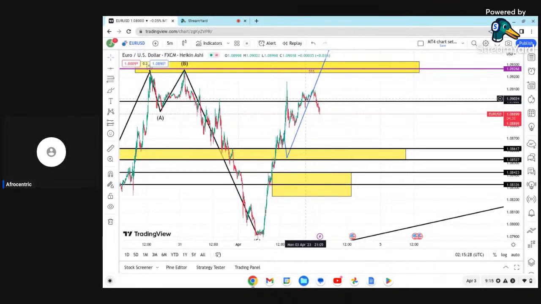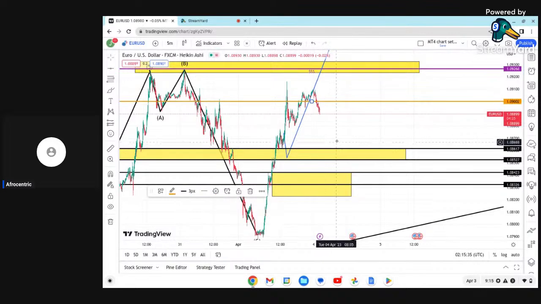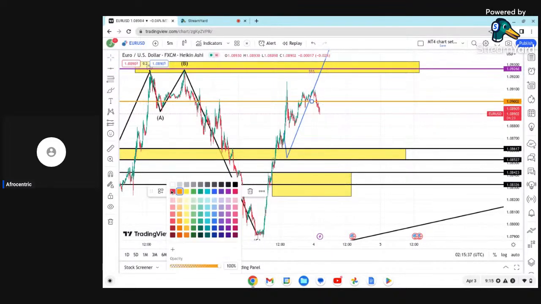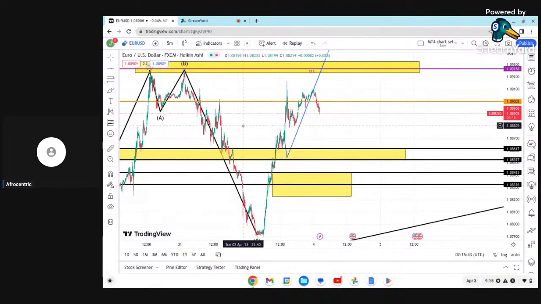So, and I'm gonna make this more... Actually, I don't want to make that large. I'll make this black.